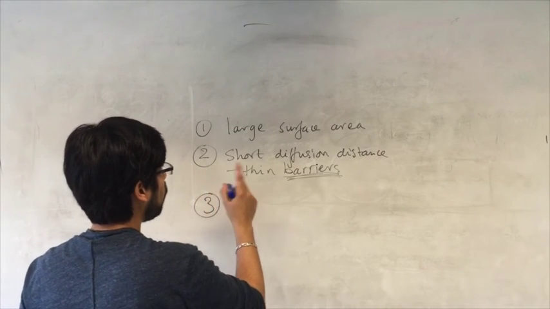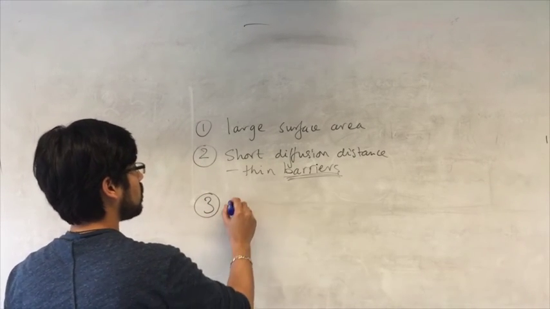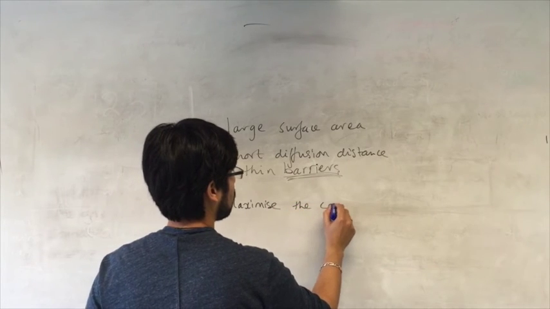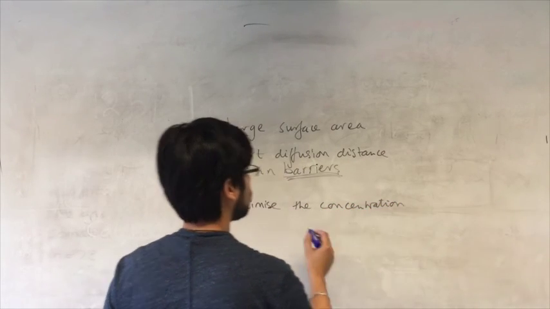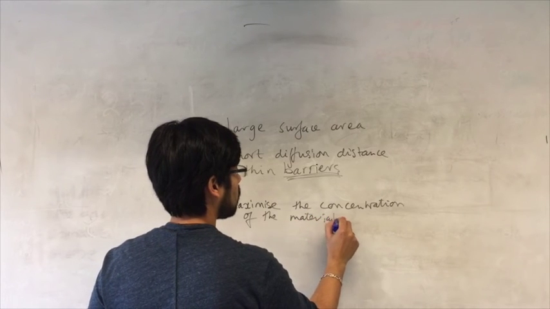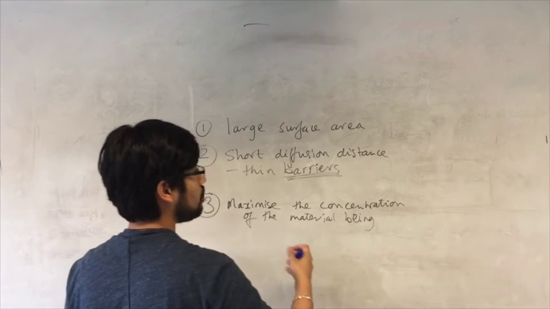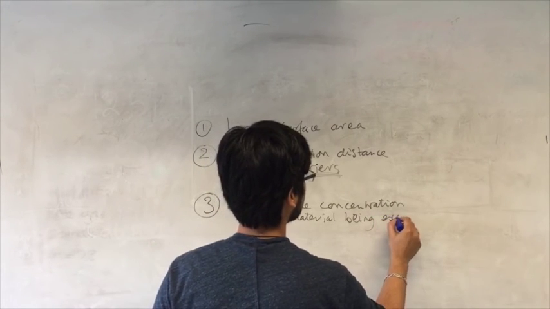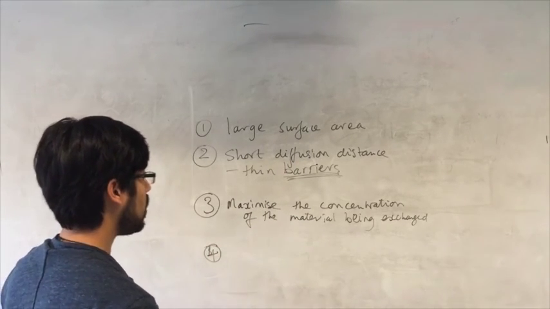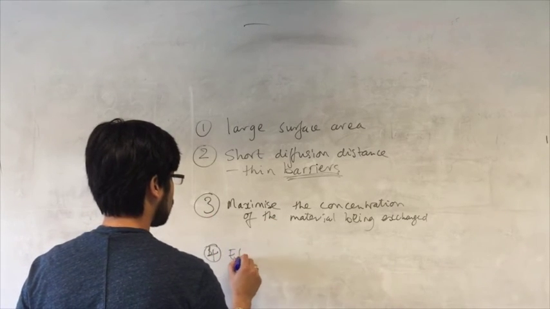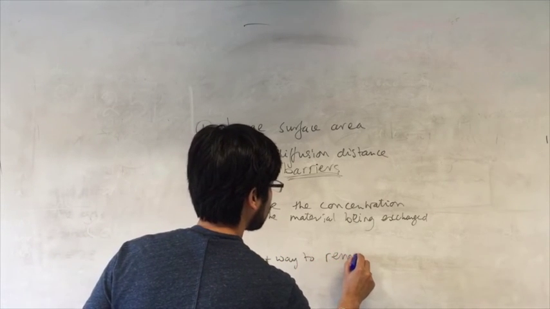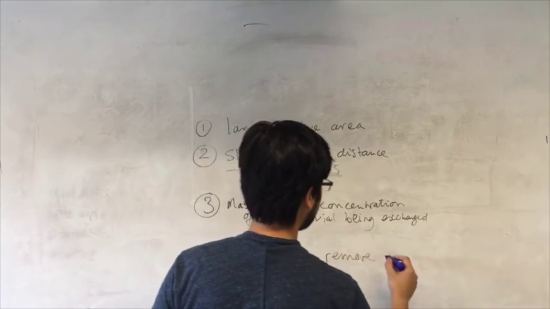So all exchange surfaces have ways to maximize the concentration of the material being exchanged on one side, and on the other side, an efficient way to remove said material on the other side of the barrier.